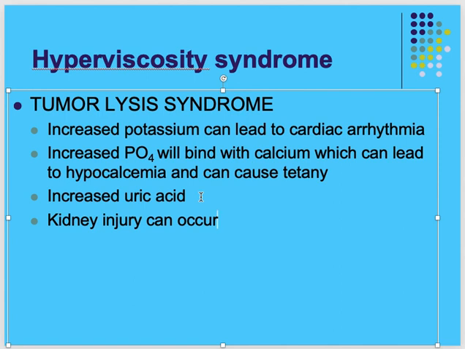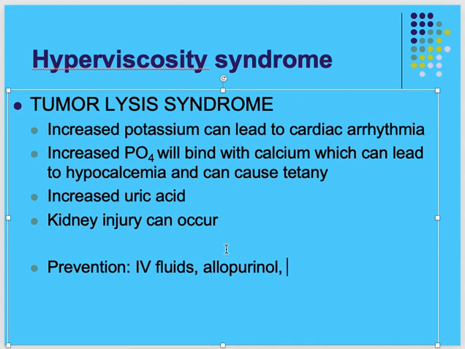So how can we prevent this condition? Prevention is by giving IV fluids, or IV hydration. We can give allopurinol, of course, to decrease the uric acid level.